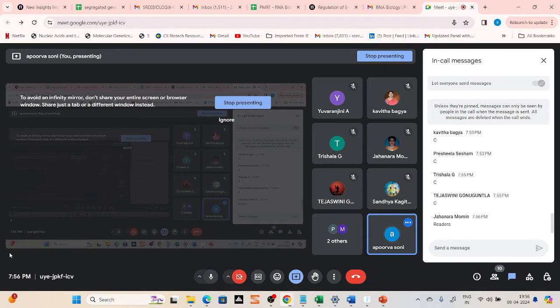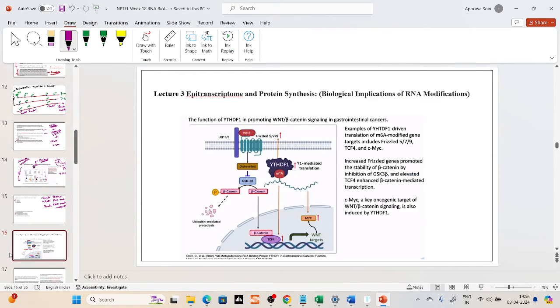Readers. Good. Because when readers read the modifications, they ultimately transmit it. So readers are the ones that regulate the biological implication of the RNA modifications.